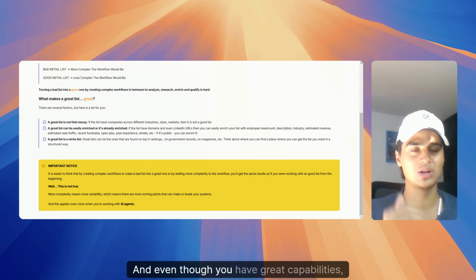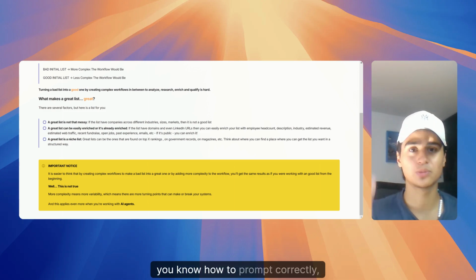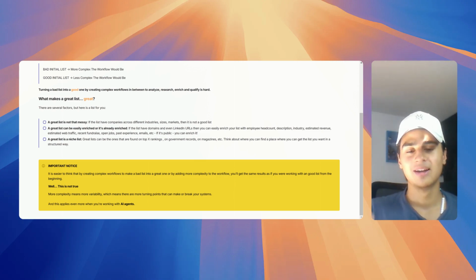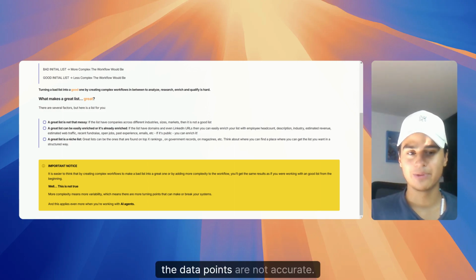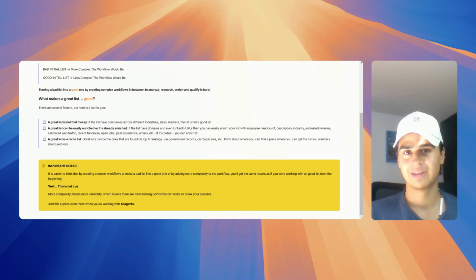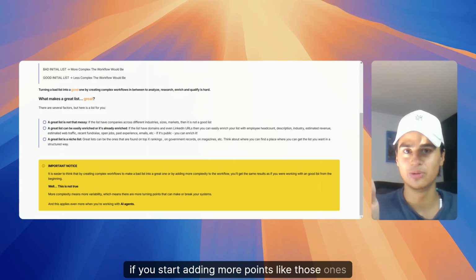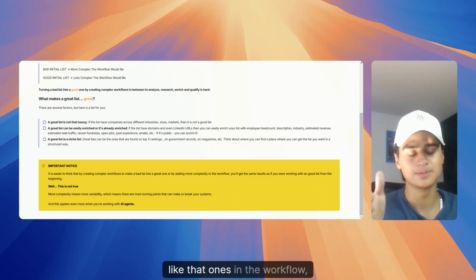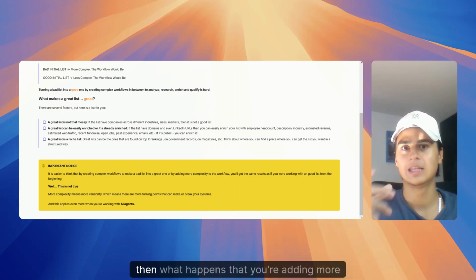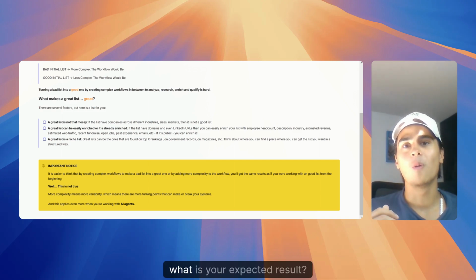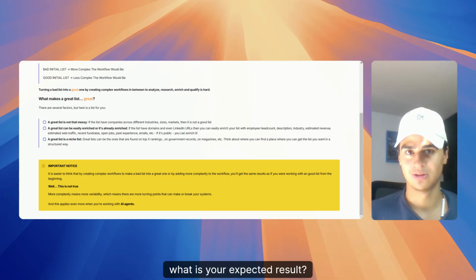And even though you have great capabilities, you know how to prompt correctly, there are some cases where the AI agents, the research, the data points are not accurate. And if you start adding more points like those in the workflow, then what happens is that you're adding more variability into what is your expected result, right?